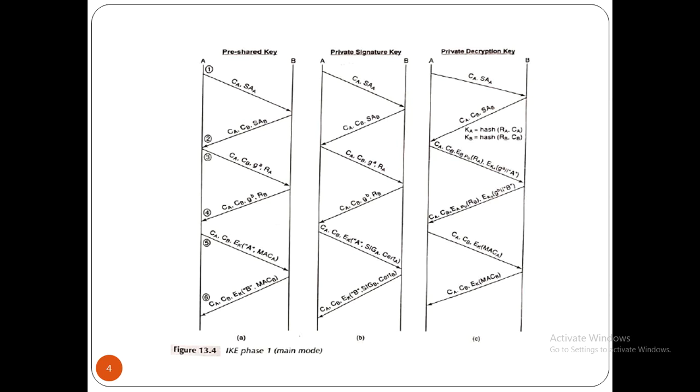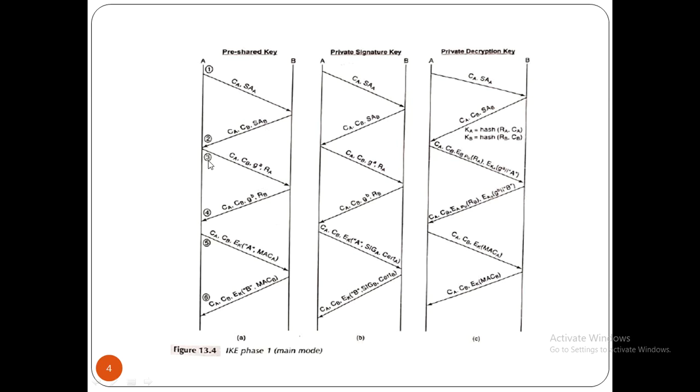Now message 2 shows the cryptographic algorithms accepted by B, that is SAB and CB, along with CA which was received in the previous step. Now in messages 3 and 4 both sides exchange nonces.